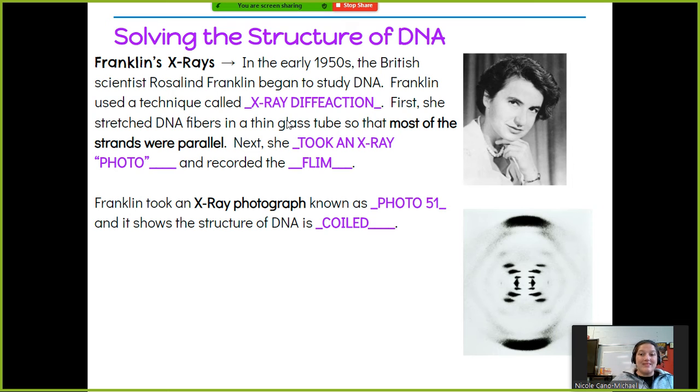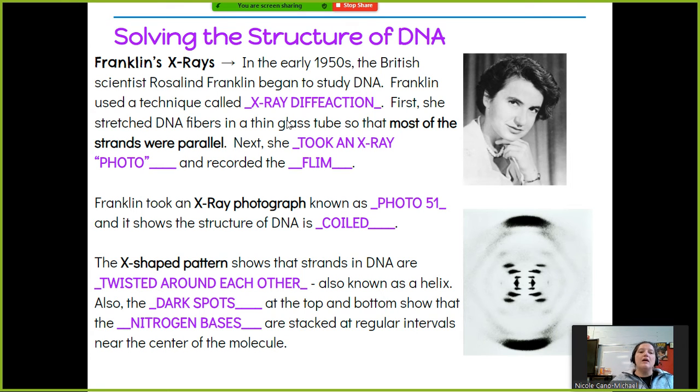This X-shaped pattern tells us that the DNA is twisted around each other, so it's coiled together. Having a shape that is coiled or twisted around each other is more commonly known as a helix. So that is just another fancy word for twisted around each other. We just say helix instead.